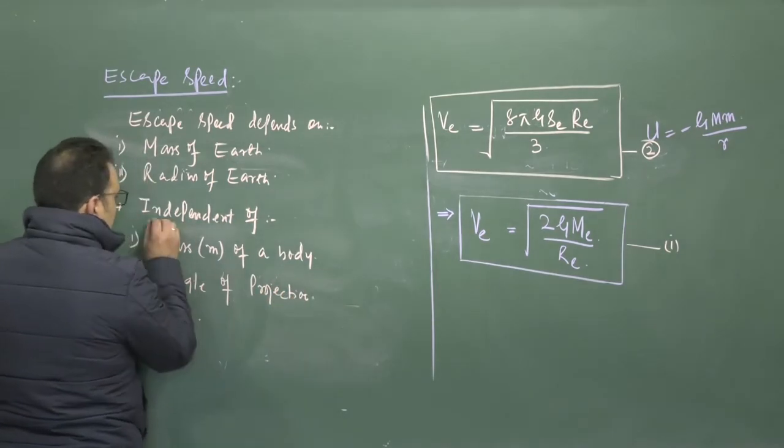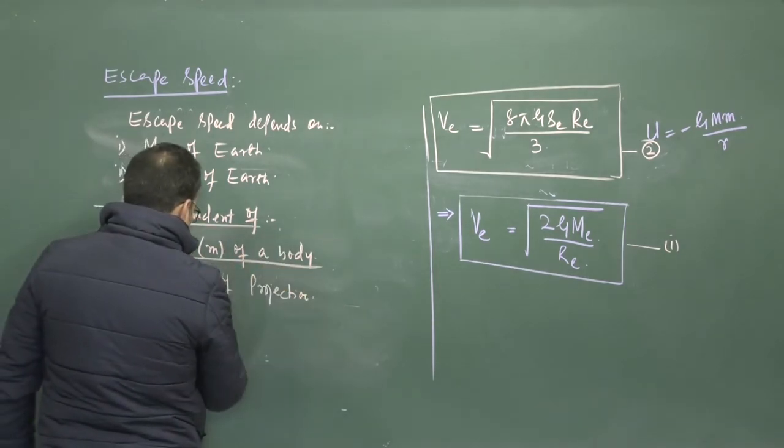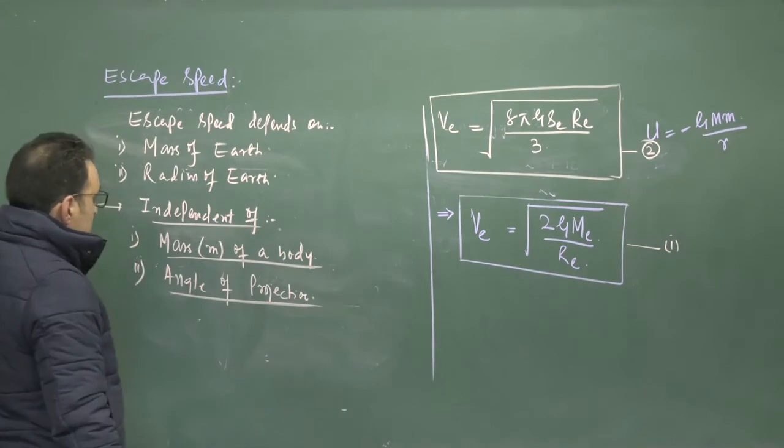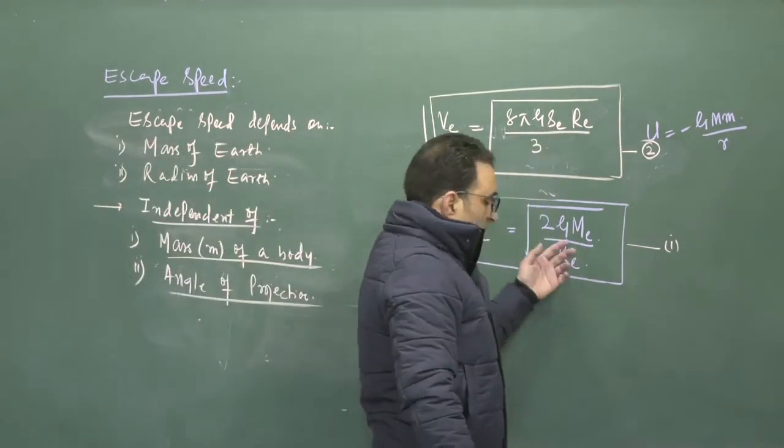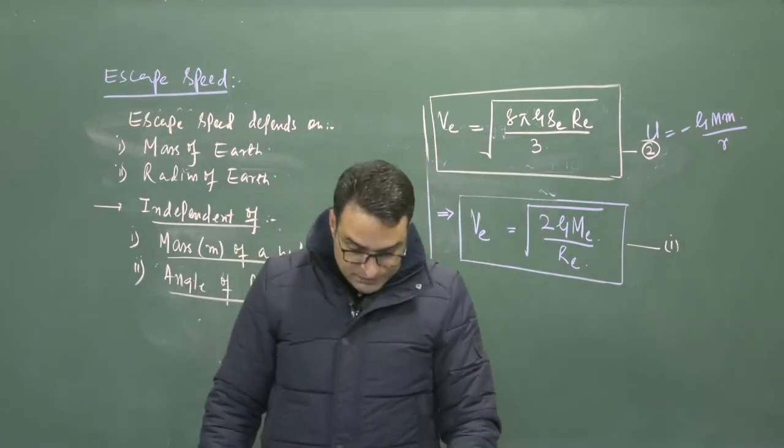Escape speed is independent of the mass of the body and the angle of projection, but simply depends on the mass, we call the density, and the size or the radius of the Earth.